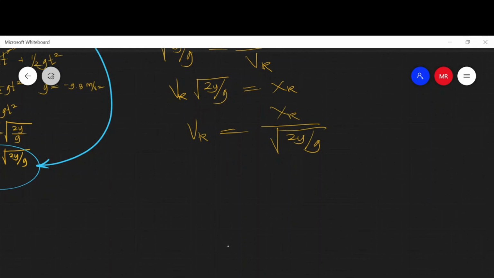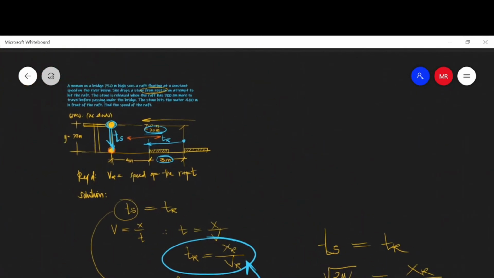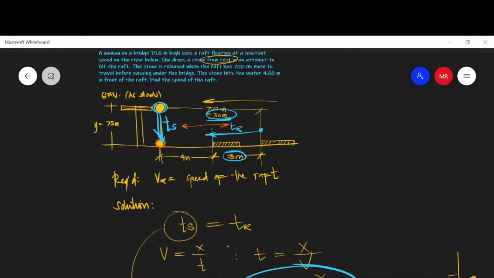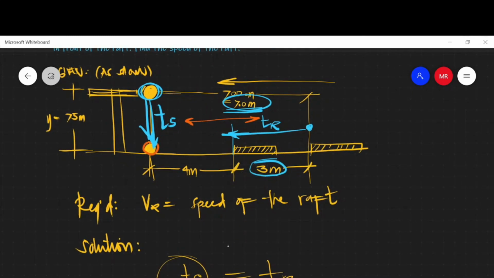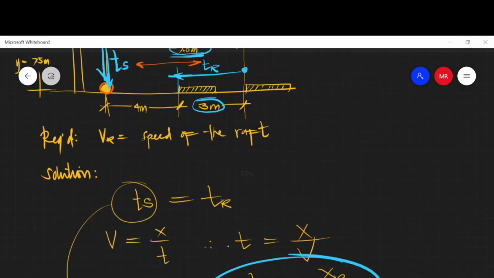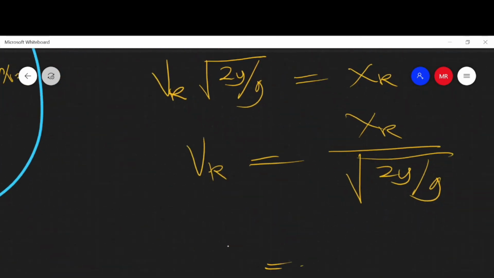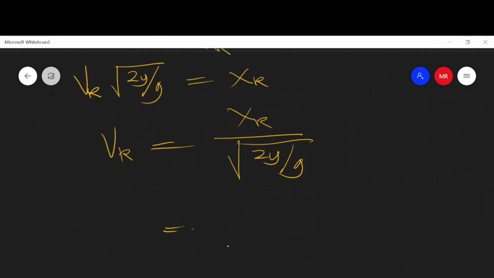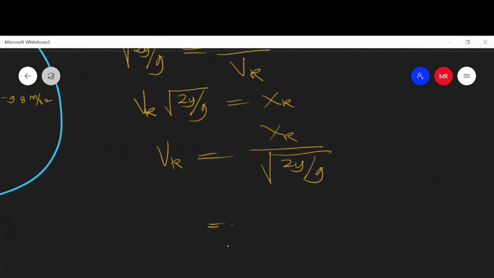Now, substituting all our values: the distance traveled by the raft is equal to 3 meters, because it only travels 3 meters from the starting point up to this point in the timeline. So the displacement will be 3 meters, over the square root of 2 times negative 75 meters.